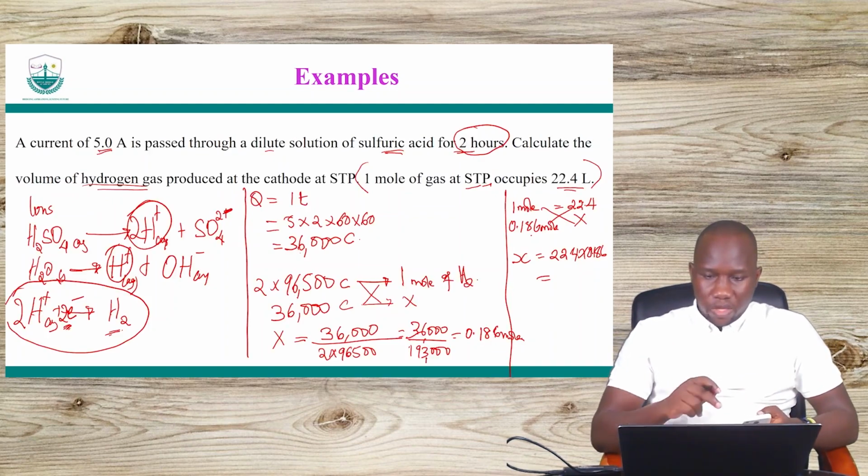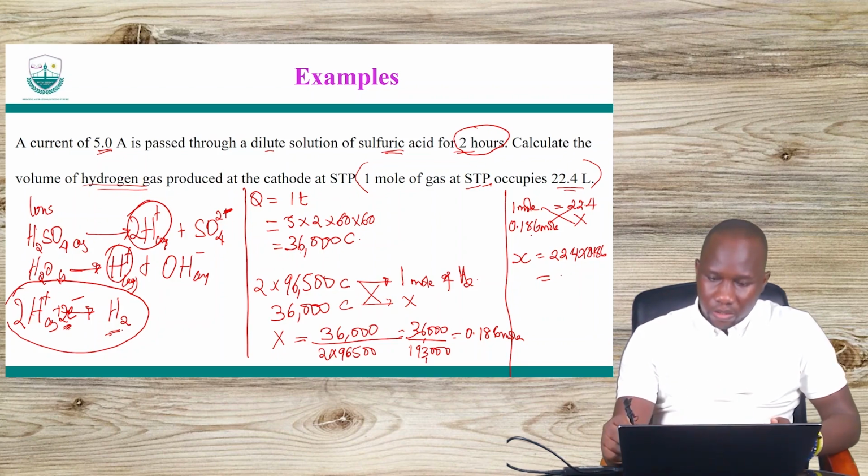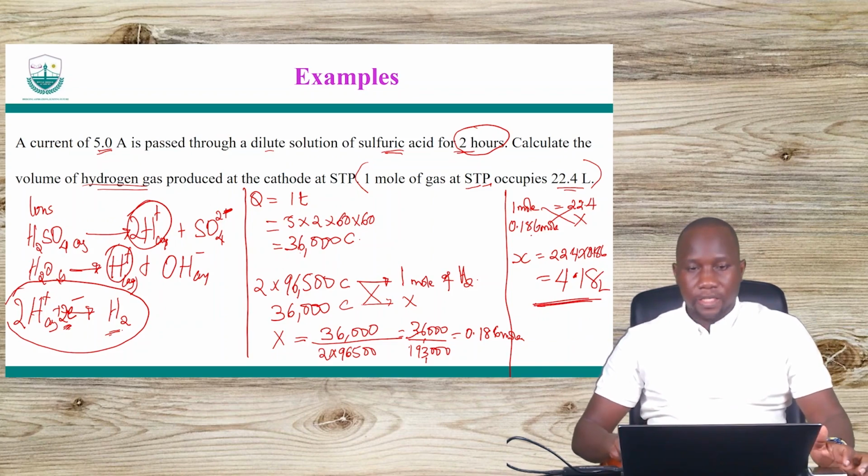So let's see what we get. Times 22.4, we get 4.18 liters. Okay, that's what you basically get.